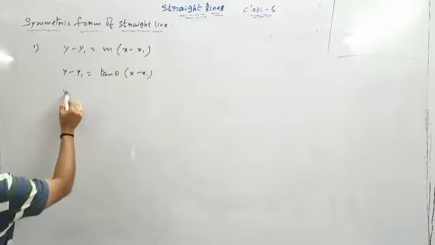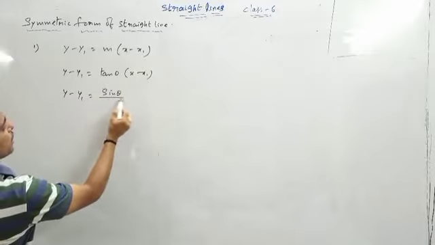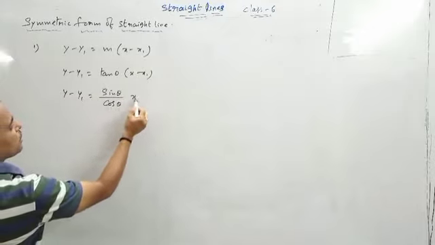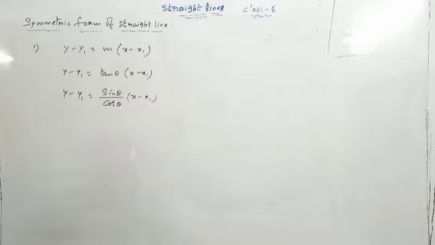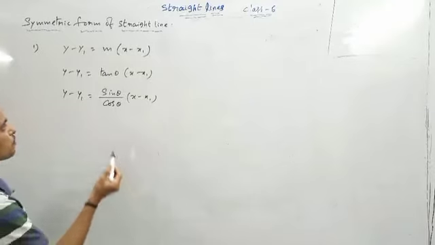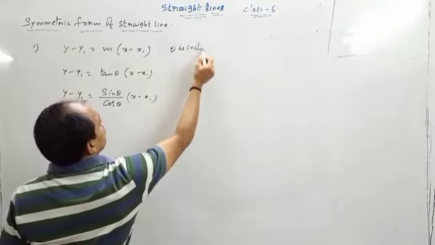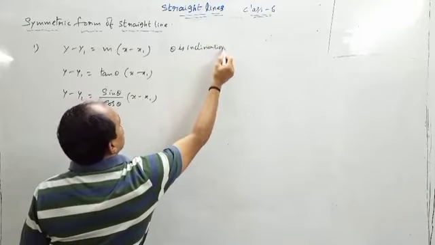Tan theta can be written as sin theta by cos theta, where theta is the inclination. What is meant by inclination?